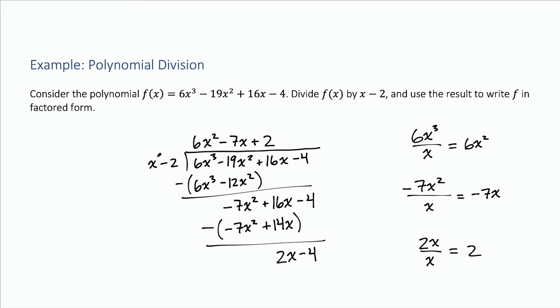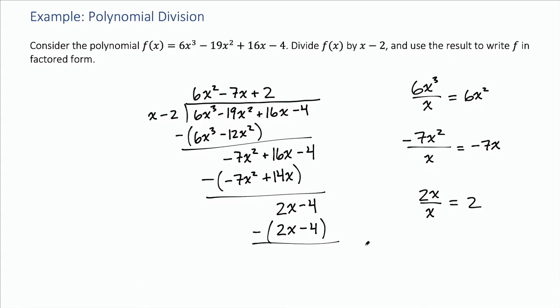So 2 times x is 2x, and 2 times negative 2 is negative 4. And then we subtract this. 2x minus 2x is 0, and negative 4 minus negative 4 is also 0. So these completely cancel, and we're left with a 0 here.